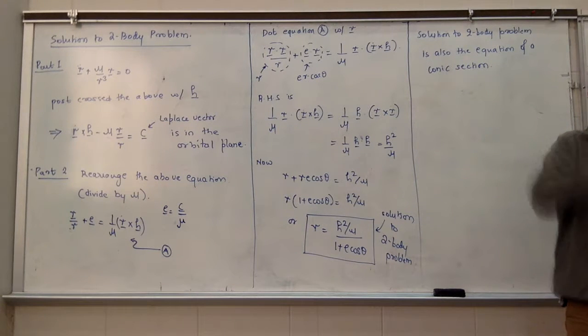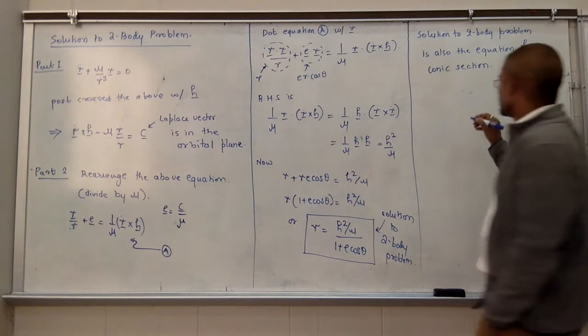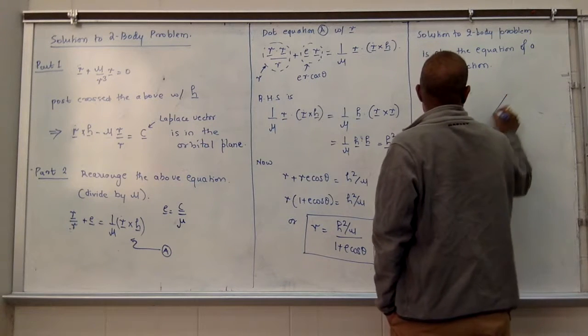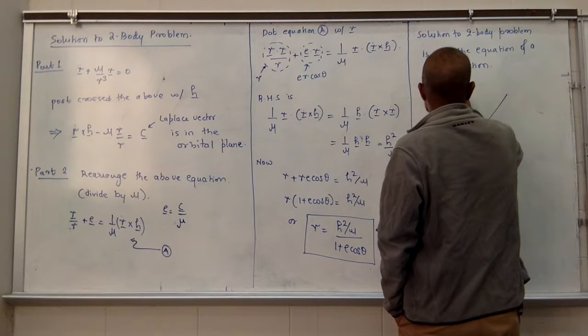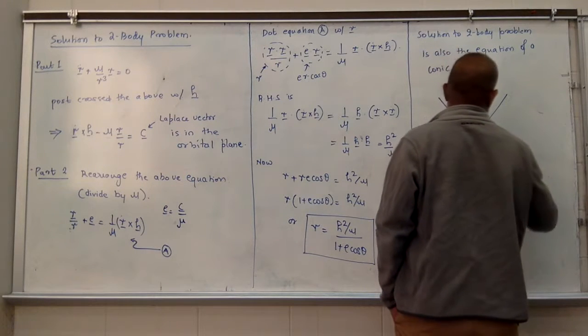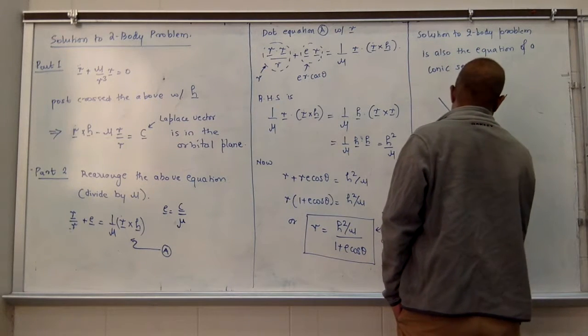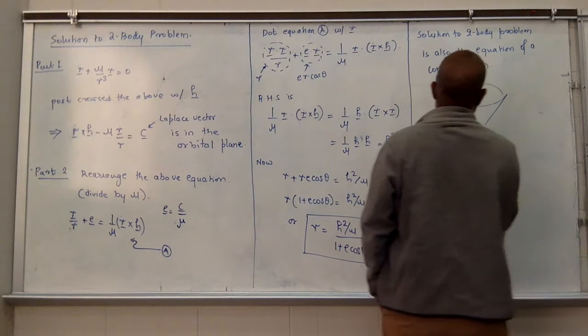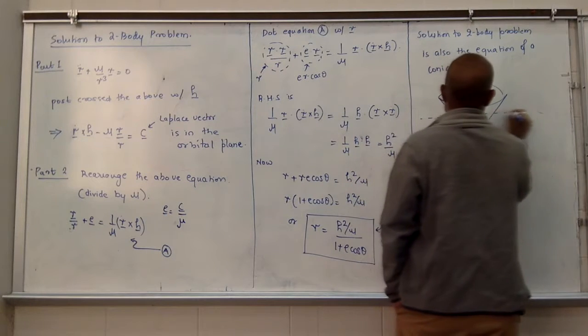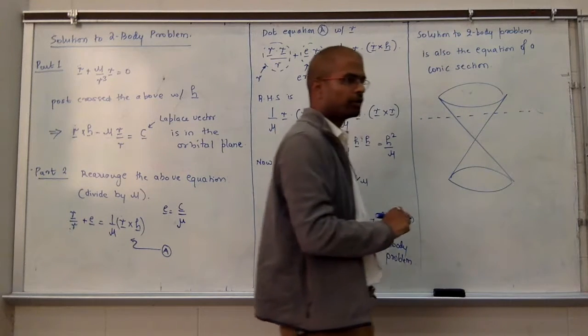So when you section the cone, so if I take this, this is a cone. If I section it along this, what are you going to get?